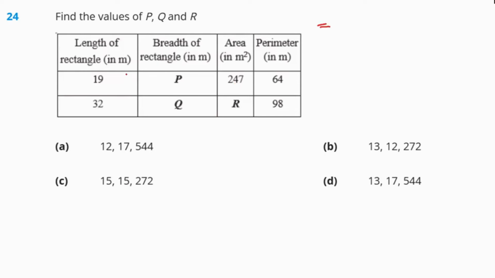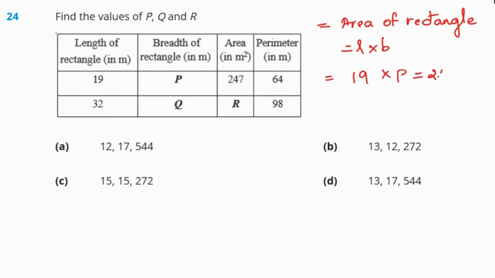In this case, length and area are given. So from that, we can easily find the breadth, right? The formula for the area of a rectangle is length into breadth. Here the length is given as 19 and the breadth is P, which is equal to the area given as 247.